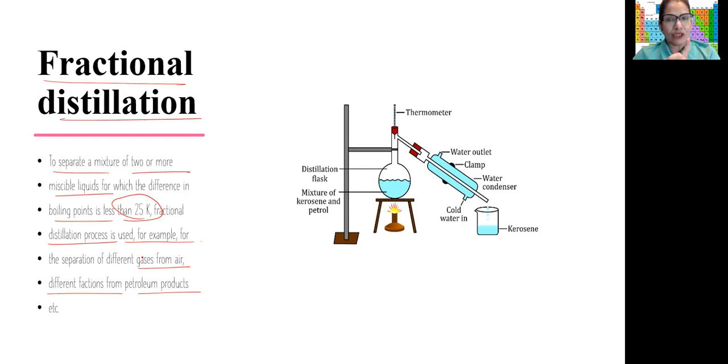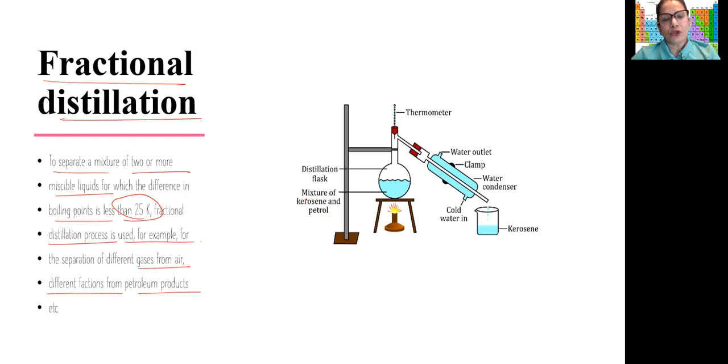Whereas in distillation, the difference in boiling point between the two miscible liquids will be very high. There'll be a lot of difference. So easily it can be done by distillation. Here we have to use fractional distillation.